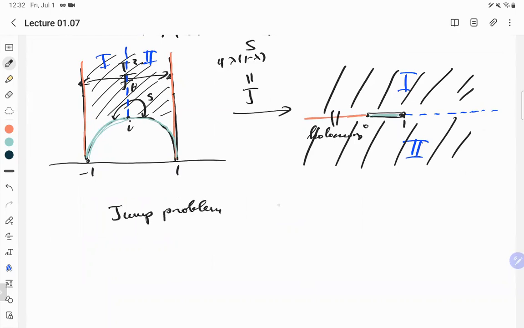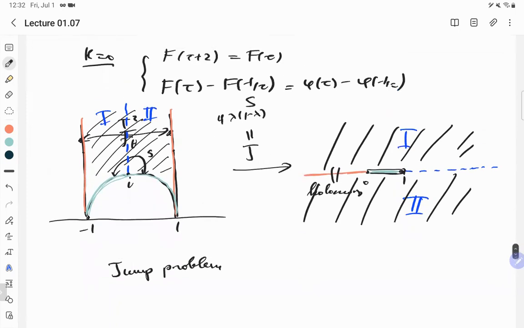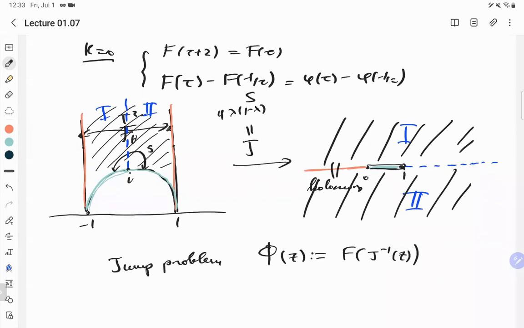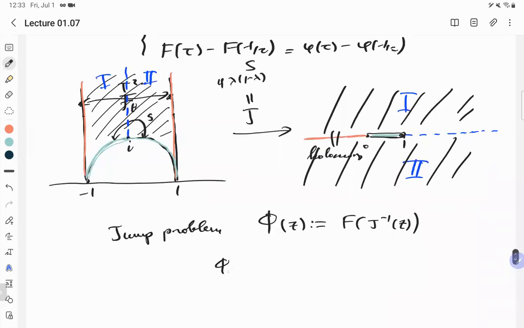Let me call this some other letter, phi of z is f of this inverse map. So we want phi to be holomorphic in C minus the interval 0, 1.